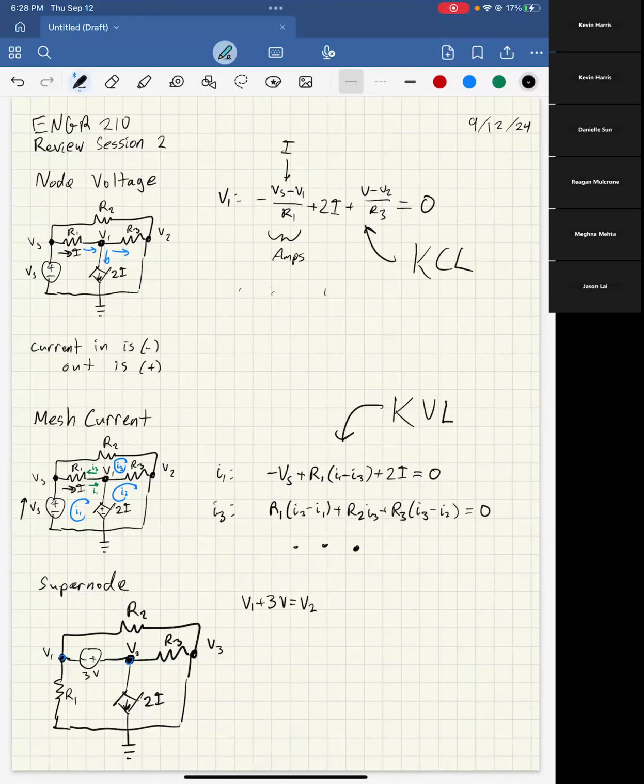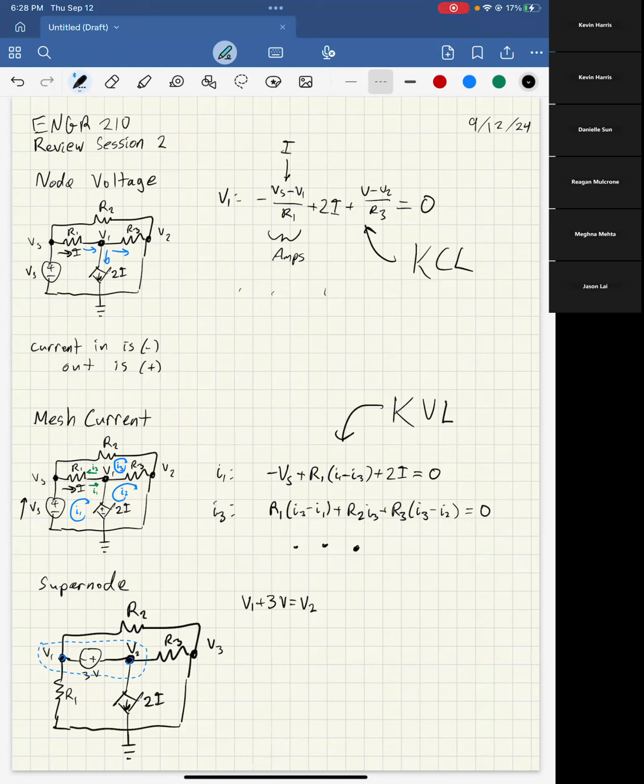So then what you do after this is you write your normal node voltage equation, but as if these two nodes together were just one node. Both of those nodes combined, all of their connections create the supernode, a bigger equation. However, you still use the same kind of terms as you learned in node voltage, so you're still only using one V1 or V2 at a time.